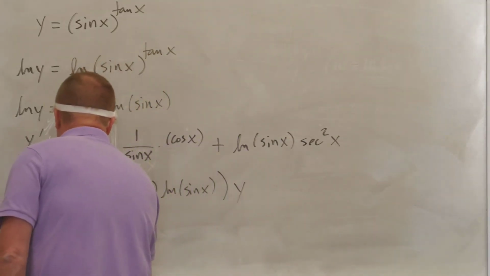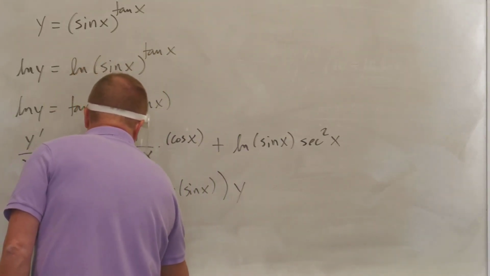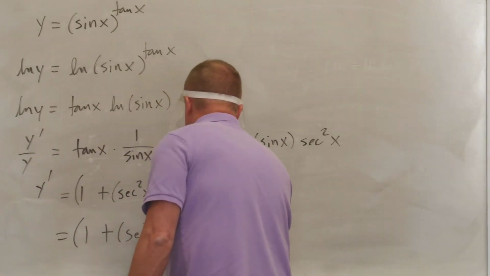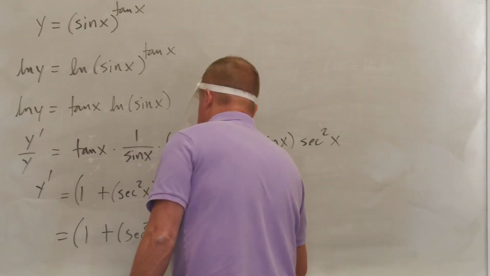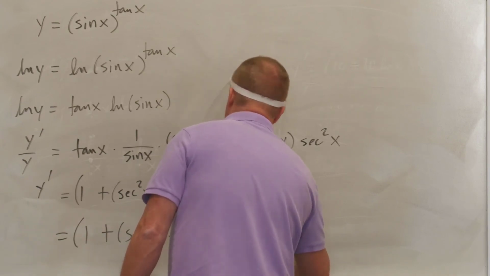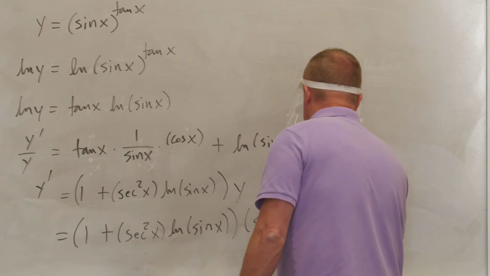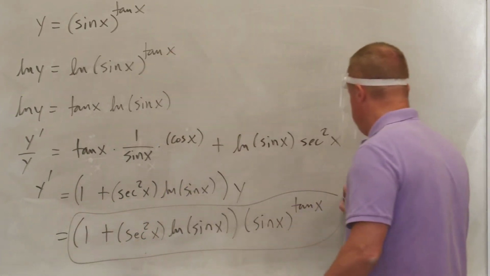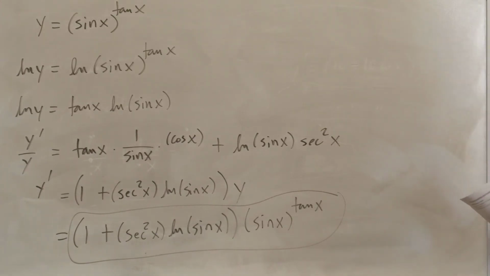So my final answer then for my derivative is 1 plus secant squared x times the ln of sine x times y, which is sine x to the tangent x power. That would be my derivative. Okay?